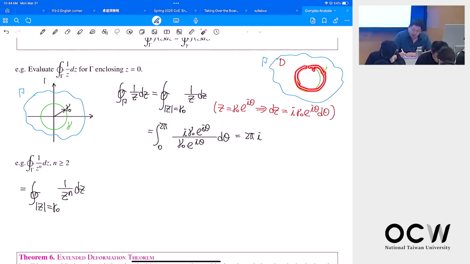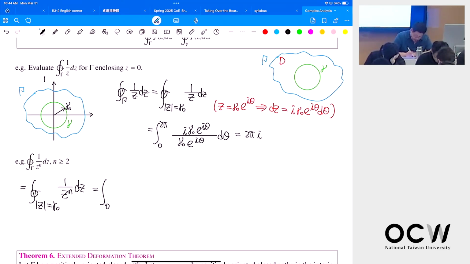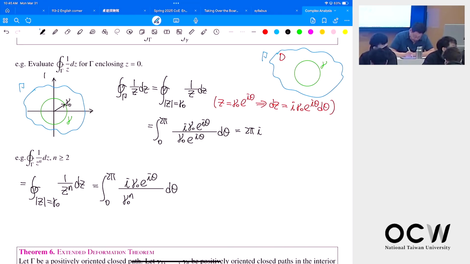And for this smaller circle, we can change the variable to the radius and theta. So here we have integration from 0 to 2 pi. Do exactly the same thing. So I have dz equals i gamma naught e to the i theta d theta. And 1 over z to the n. Z to the n will be gamma naught to the n e to the i n theta.